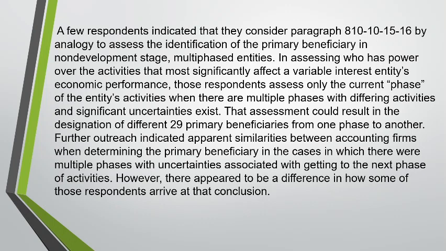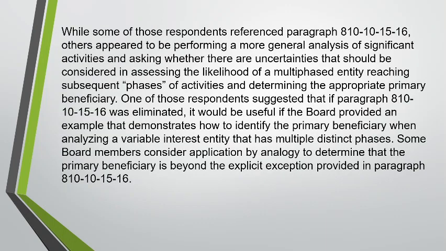Further, outreach indicated apparent similarities between accounting firms when determining the primary beneficiary in cases in which there were multiple phases with uncertainties associated with getting to the next phase of activities. However, there appeared to be a difference in how some of those respondents arrive at consolidation.